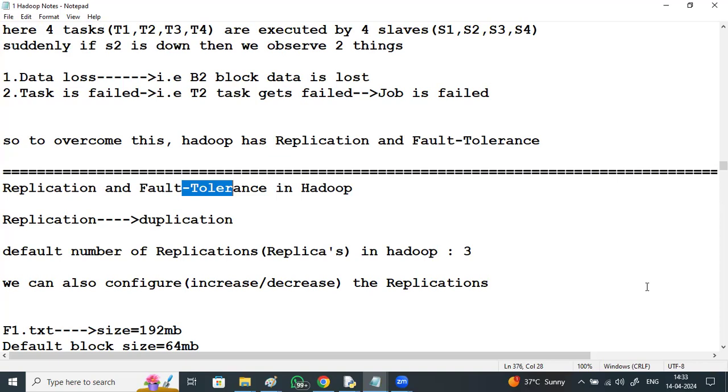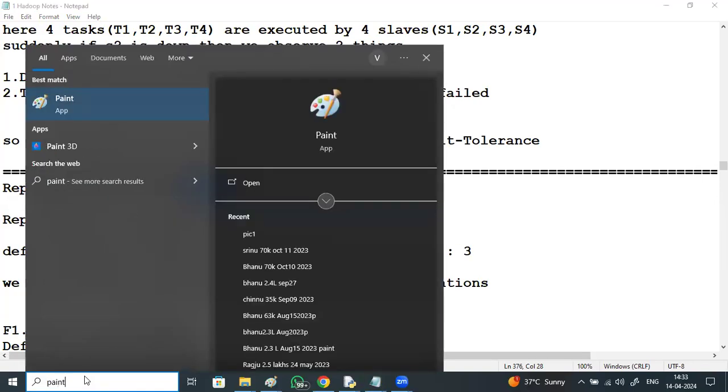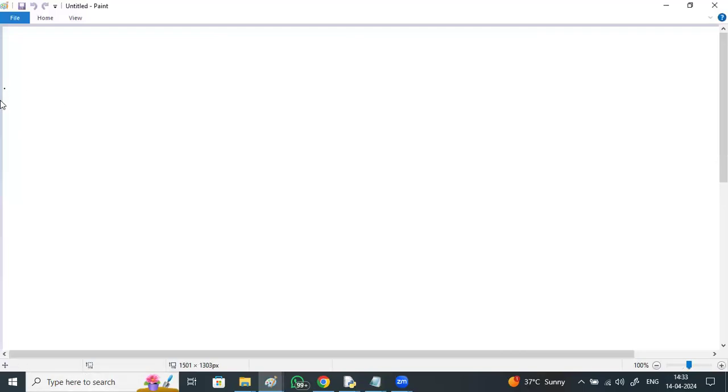I want the sessions to be interactive. Everyone try to answer. I'm going to make you understand what replication and fault tolerance mean.